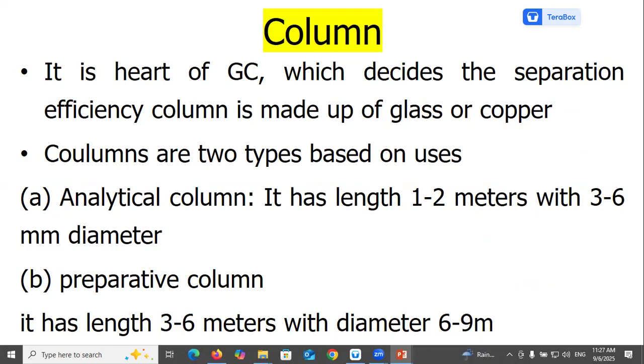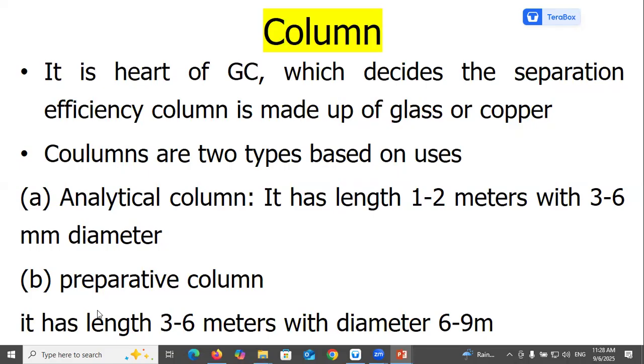Column. It is the part of GC which decides the separation efficiency. Column is made up of glass or copper. Columns are of two types based on usage. Analytical column: it has a length of 1 to 2 meters with a 3 to 6 millimeter diameter.